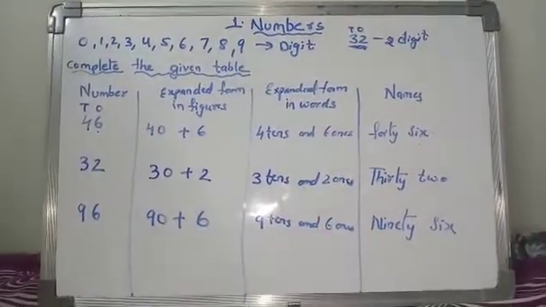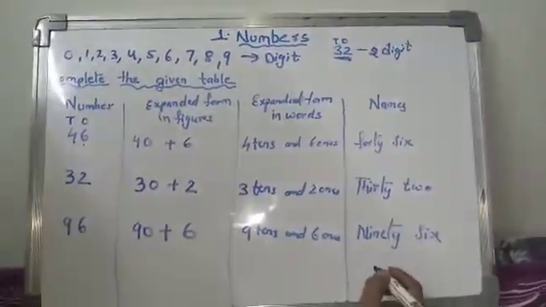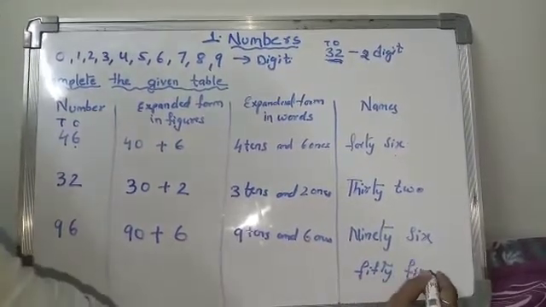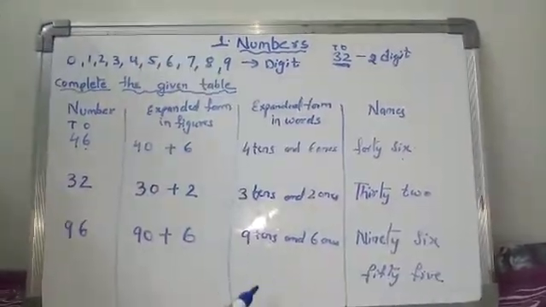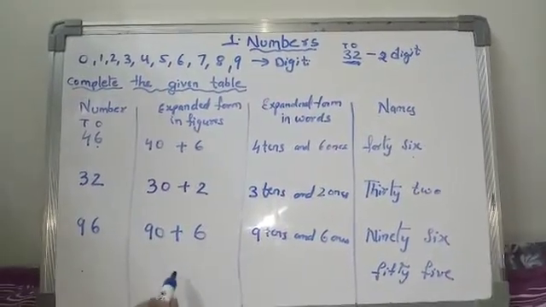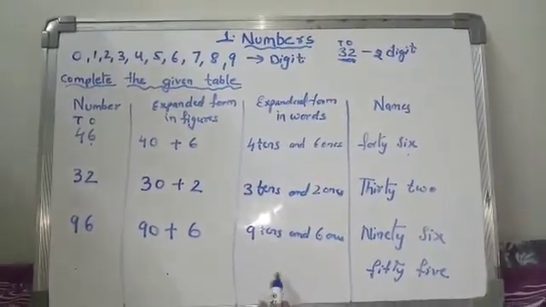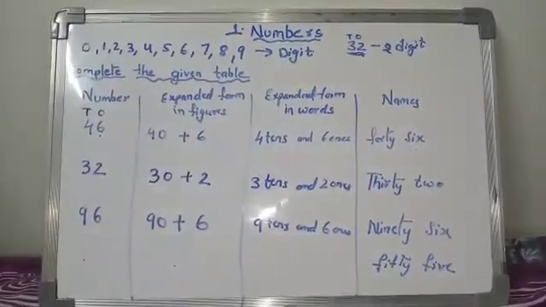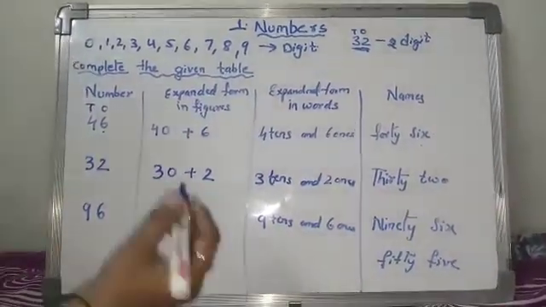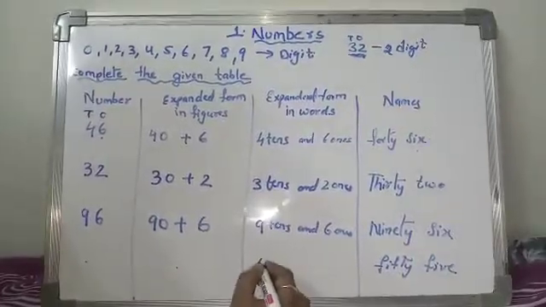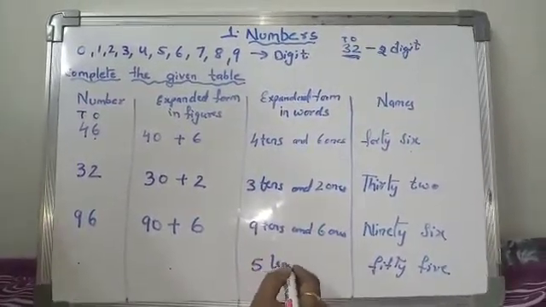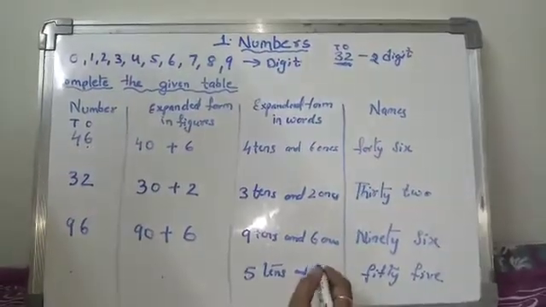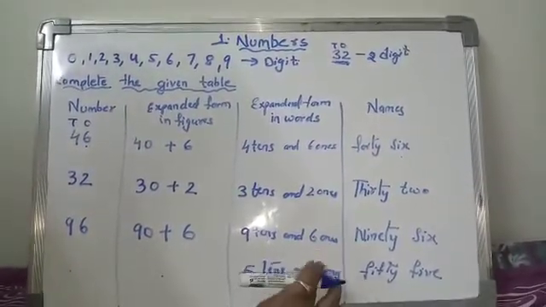Now, one more last example. I'll give the number 55. You have to write it in figures and in words. So how many tens and how many ones? You write it as 5 tens and 5 ones.